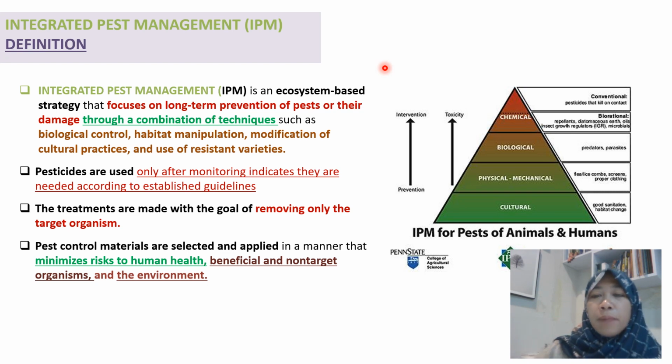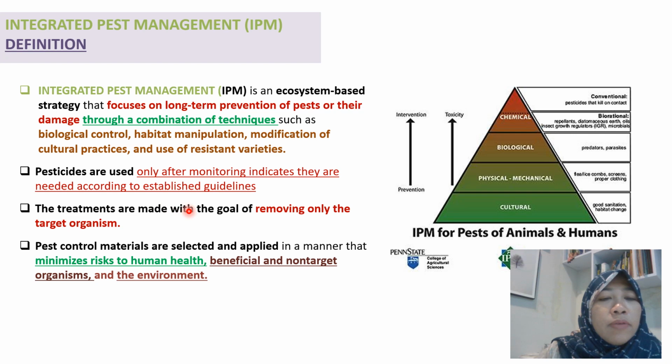For example, we can use chemical pesticide when the population of brown planthopper is 3 pests per plant. Different pests have different economic thresholds.